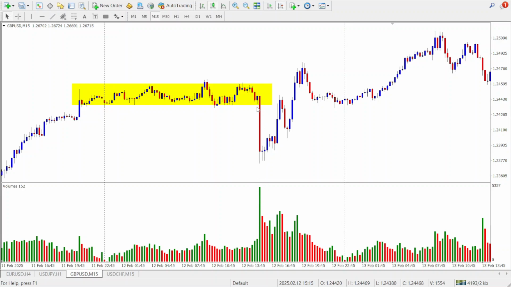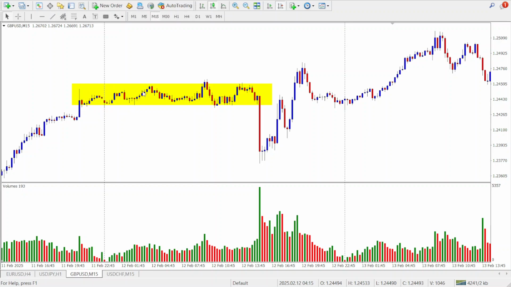You can see what happened here, right? Unlike weak breakouts that fade quickly, momentum breakouts show clear strength and follow through.